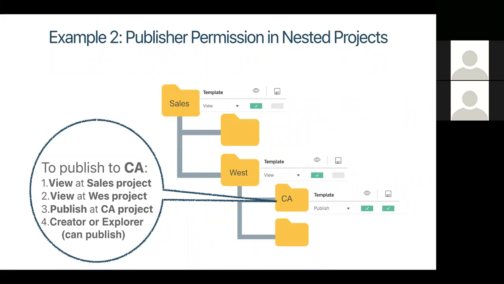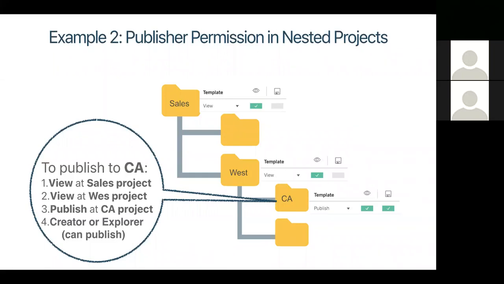That can be quite some setup. You have to have the view permission not only for your direct parent, but also for all the parents until the top. Otherwise, you just cannot see that the project exists. And then you need to have publish permission to the specific child project.